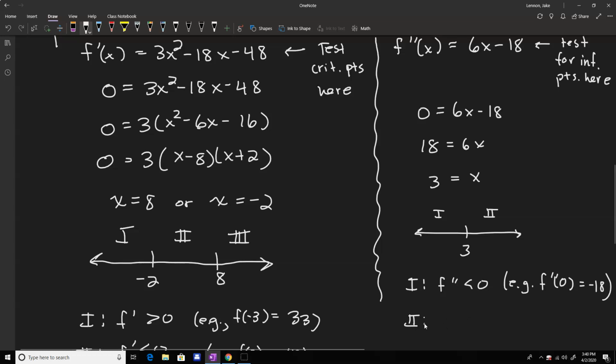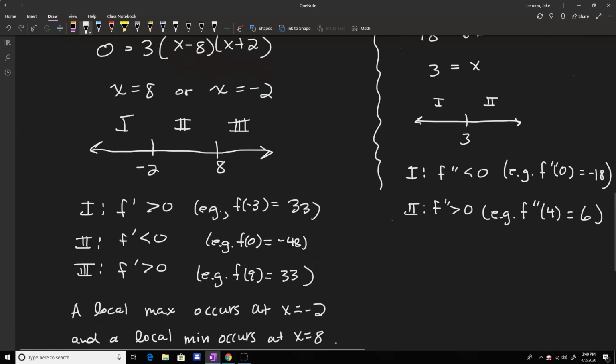Region 2, the second derivative is going to be positive. So we could test maybe 4. So f double prime of 4. What does that come out to? That comes out to 6, which is a positive number.